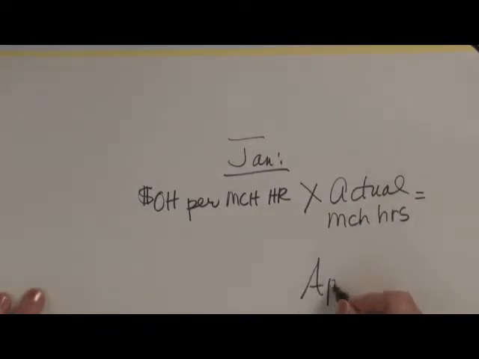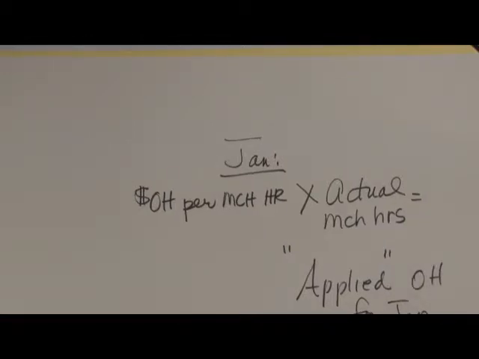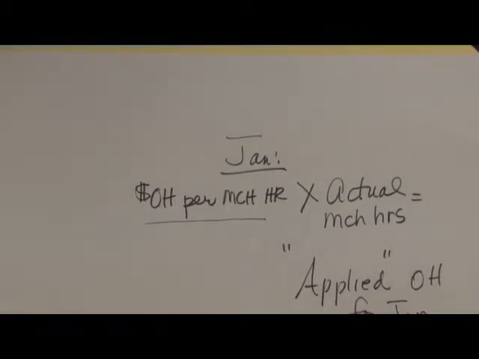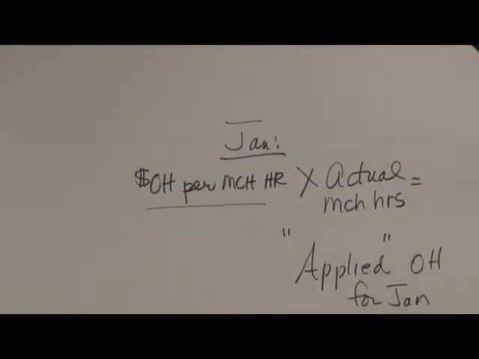And this would give us what we will call applied overhead for January. So when the month of February comes, we will use this same predetermined overhead rate, but we will multiply the actual machine hours for the month of February, and that would give us the applied overhead for February.